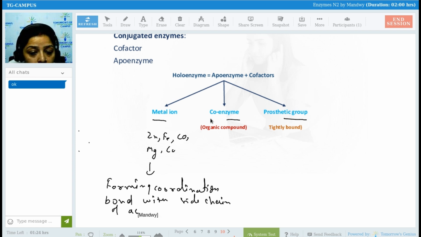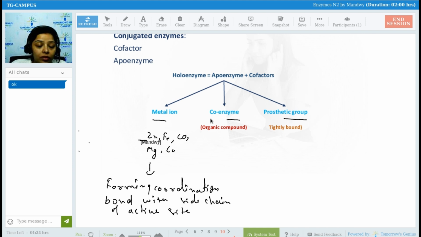Side chain of the active site in the protein, apoenzyme. Clear? And then it will regulate the enzymatic activity.